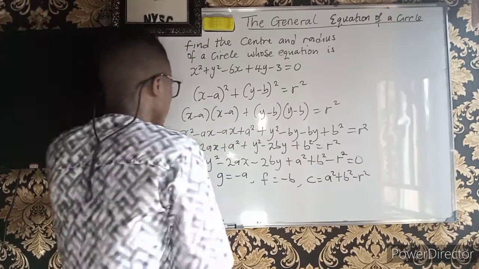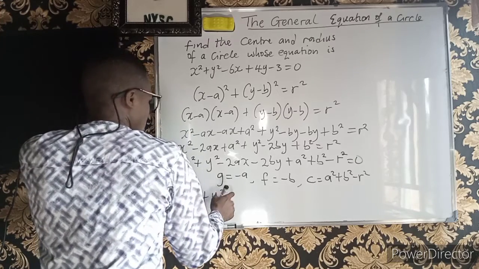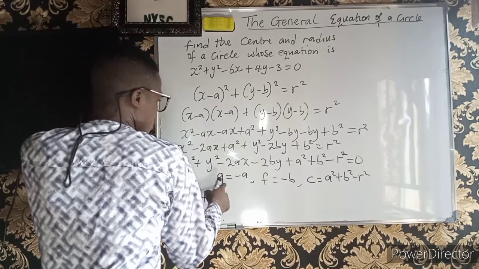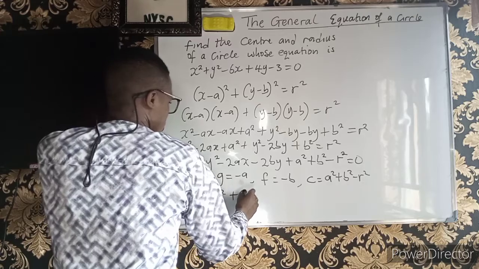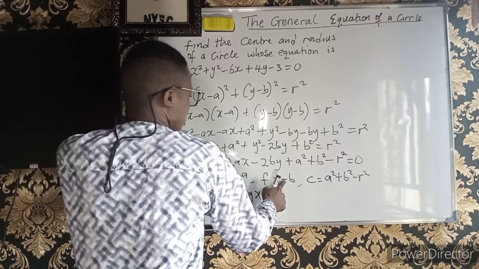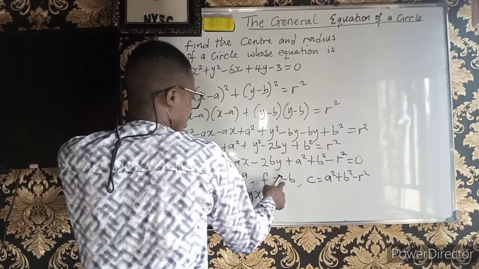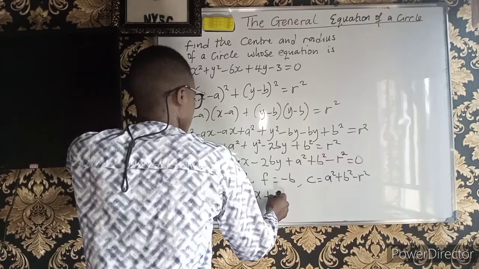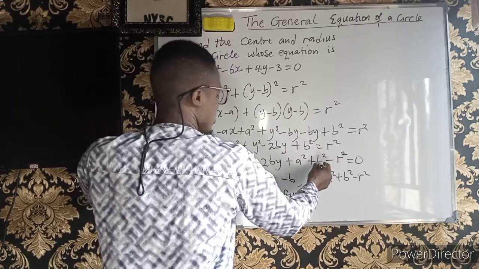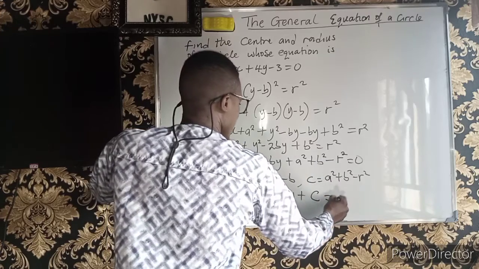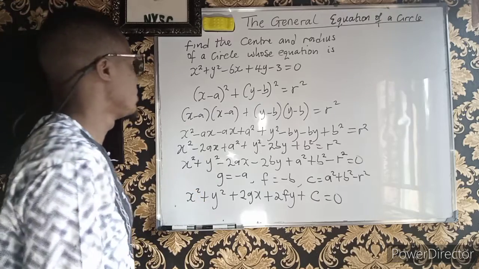And if that is done, it means that the equation will now be x² + y². Now −a will turn to g, so this is now positive because minus cancels minus. We now have plus 2gx. Now −b will turn to f because minus cancels minus, so we have plus 2fy, then plus all this a² + b² − r² will now turn to c, equal to 0. So this equation here is the general equation of a circle.